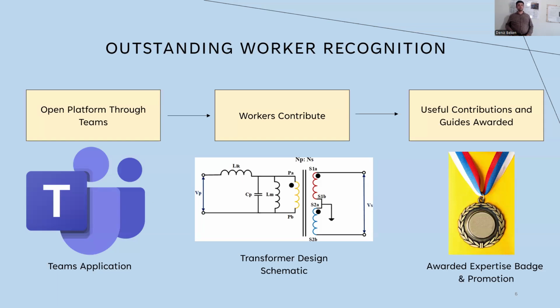So another benefit is outstanding worker recognition. We want to provide an open platform through Teams or through that website or database, as I said. And this can help us give workers a place to contribute to the works that are in the database. Here we have an example of a transformer design schematic.